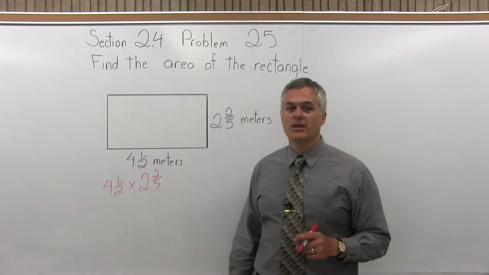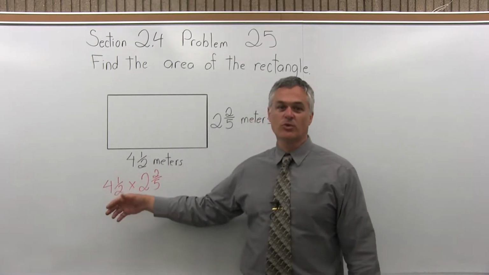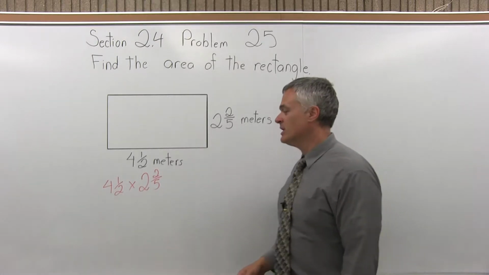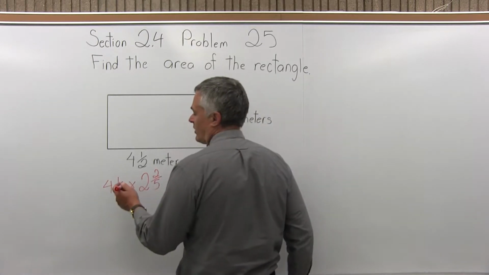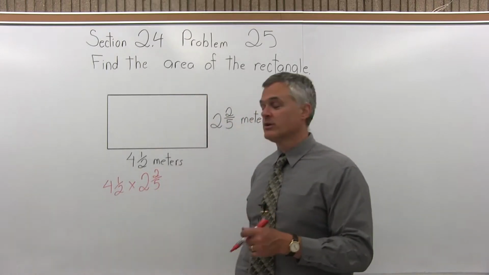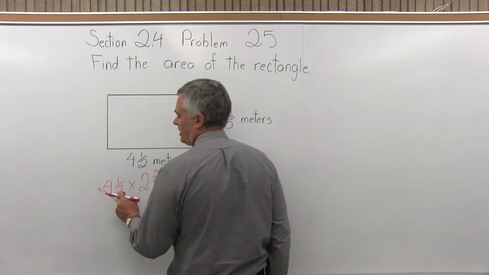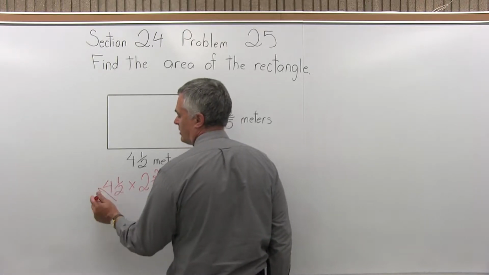Now, in order to multiply those, I have to write them as improper fractions. I can't have a fraction and a whole number, or in other words, the mixed number form. So let me convert that to an improper fraction for both, a fraction with only a numerator and a denominator. So for the first one, the 4 1/2, I will multiply the denominator times the whole number in front.